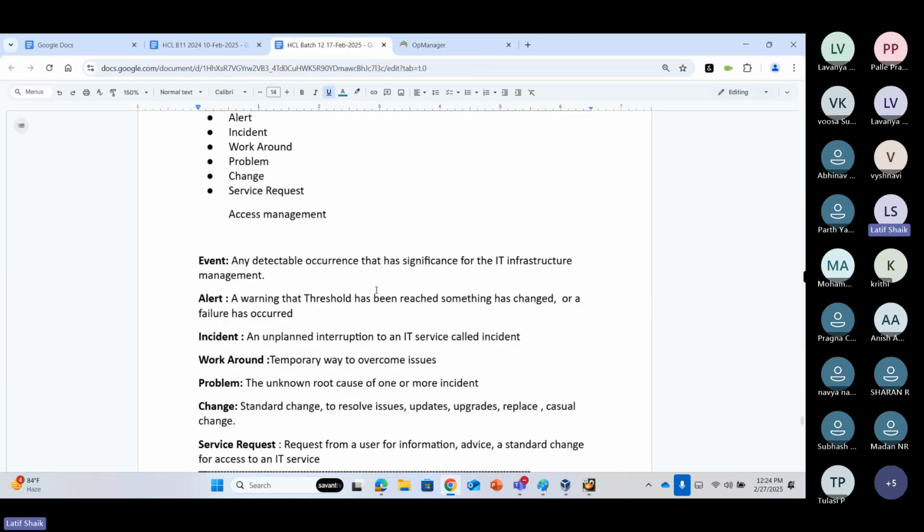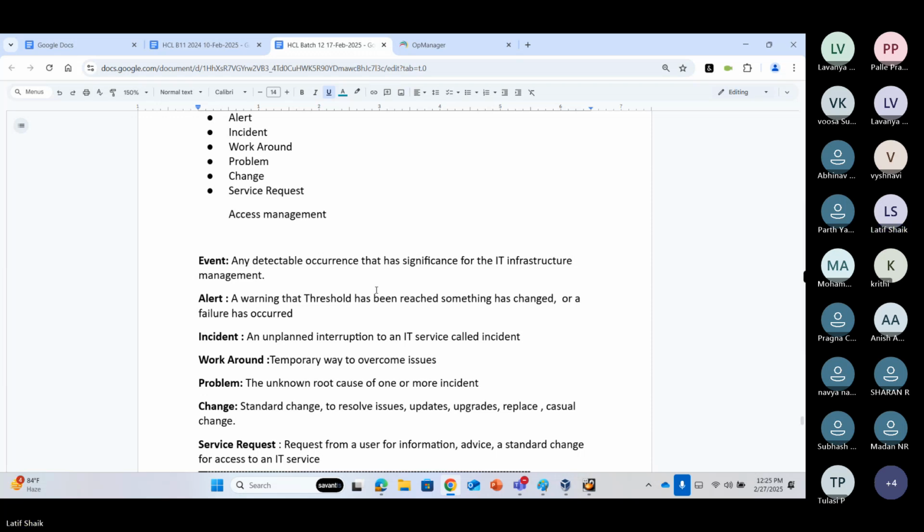So different types of events occur: up, transaction successful, transaction failures, device already at more than 70% server utilization. Any detectable occurrence that is significant for IT infrastructure management, any change, is called an event.